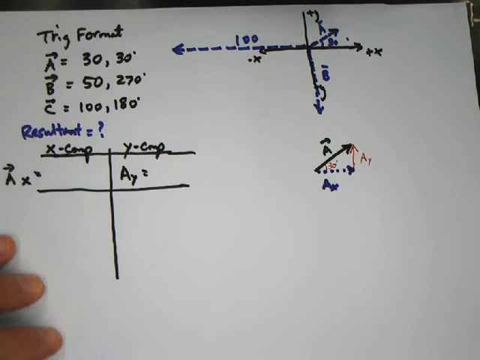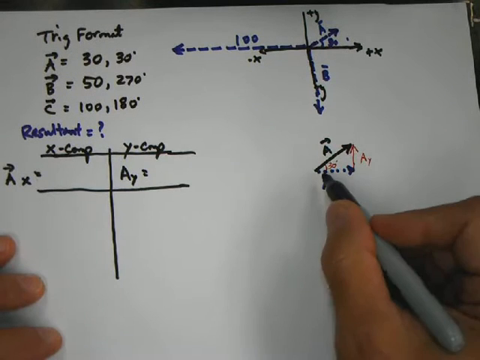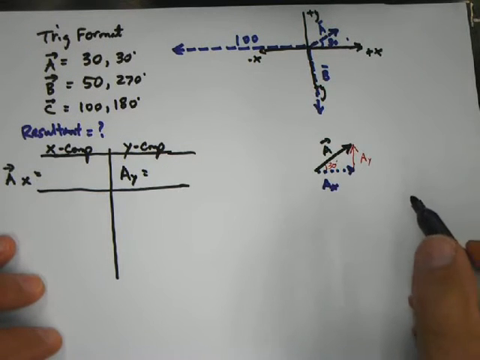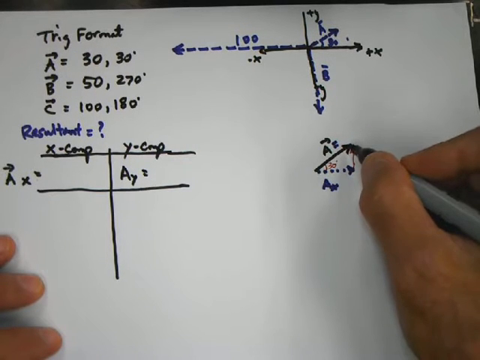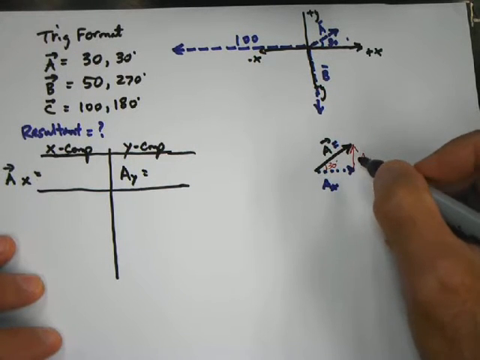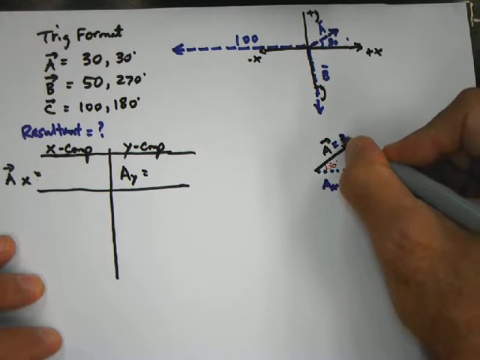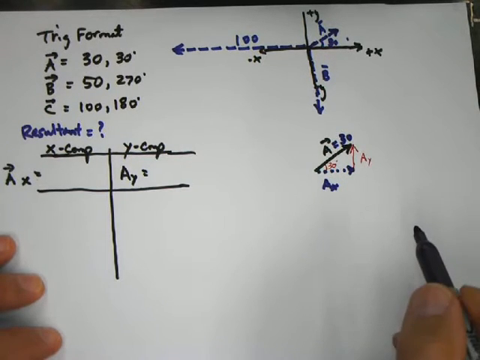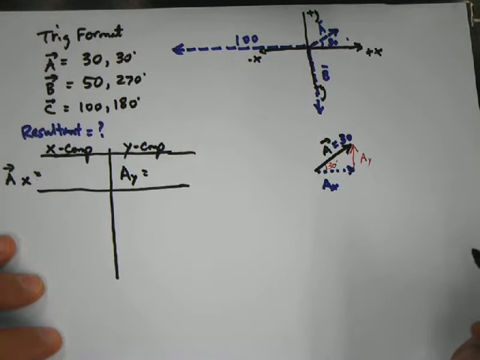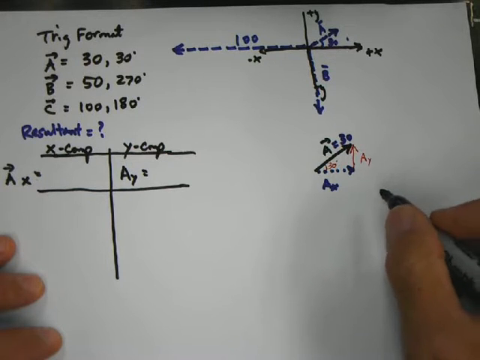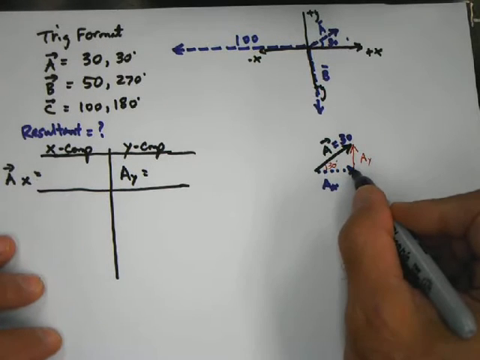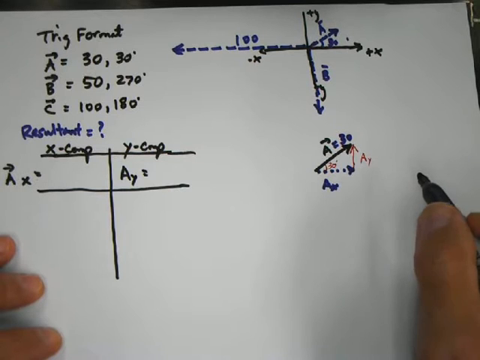Okay, so how do we do that? How do we find A sub x? Okay, well, that's the horizontal component. We know that the hypotenuse of this vector triangle has a magnitude of 30 meters per second. Using our ideas of sine and cosine, we see that this is the side adjacent to this angle, so we would use the cosine function.